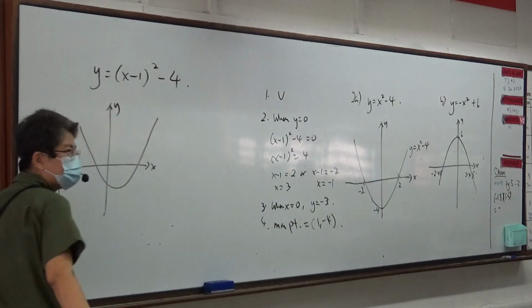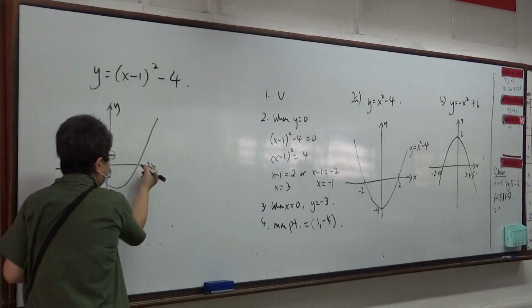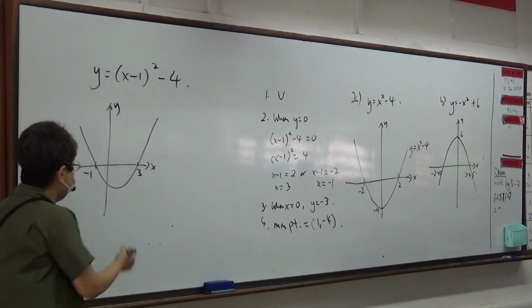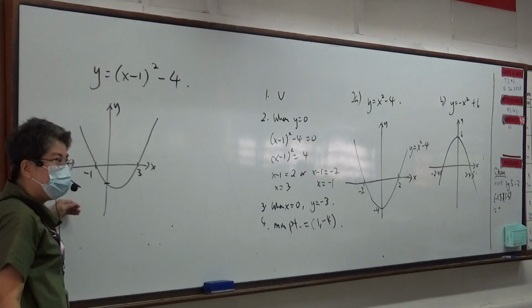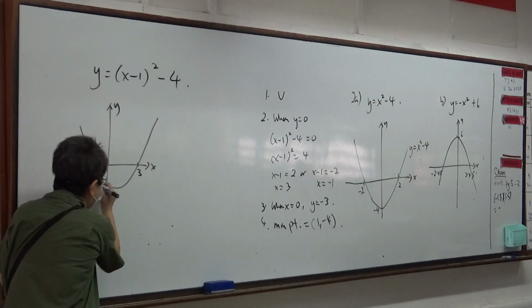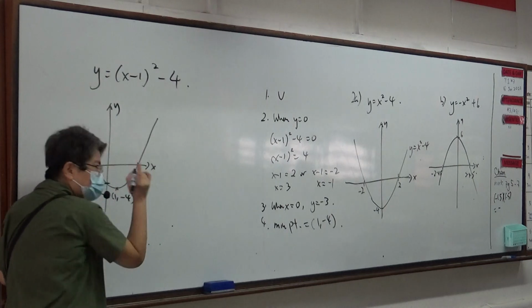You will go this way, right? Correct. This is negative 1, this is 3. What is this intercept? What's the y-intercept? Negative 3. What is this point here? 1 and negative 4.